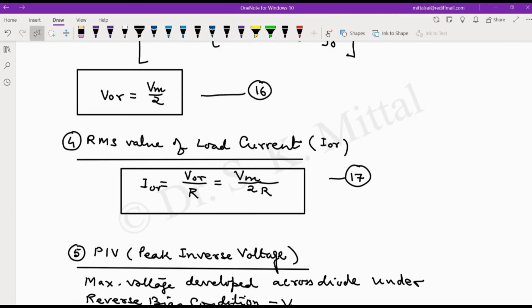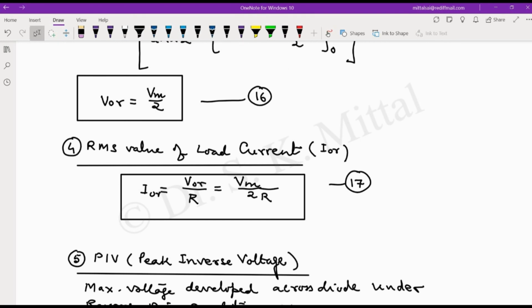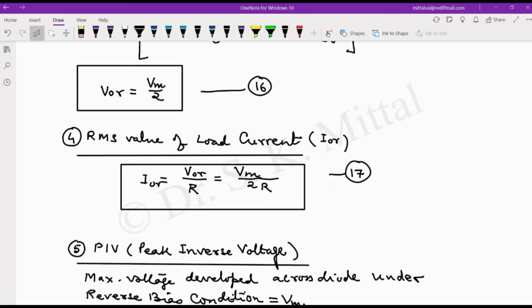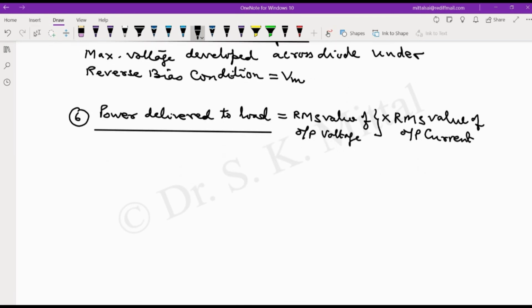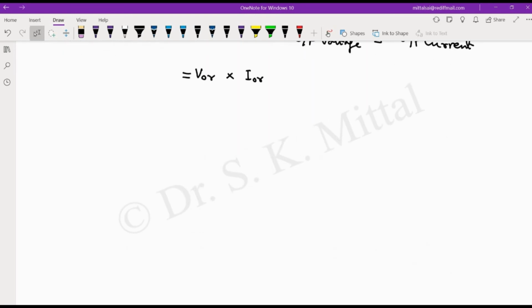We have calculated the RMS value of voltage, and we have also calculated the RMS value of load current. The RMS value of output voltage we have represented by V0R, and the RMS value of load current we have represented with I0R. So this will be one equation to calculate the power delivered to load.